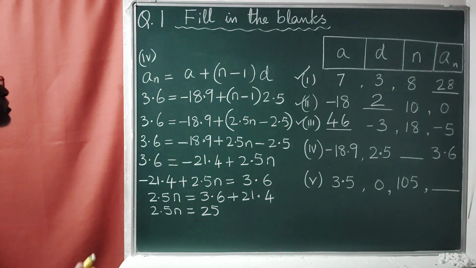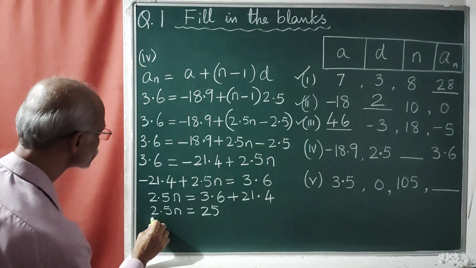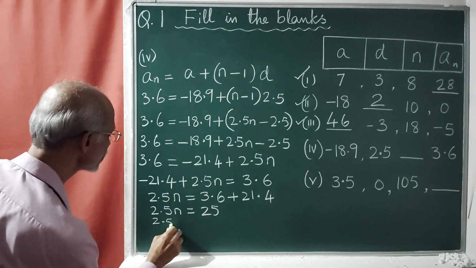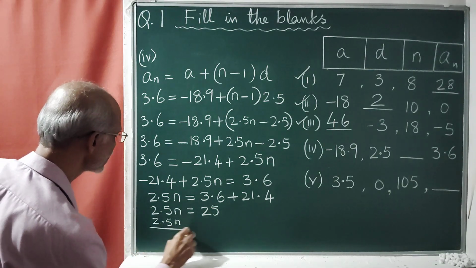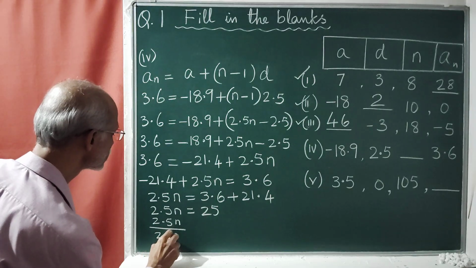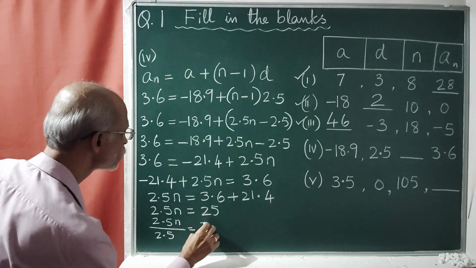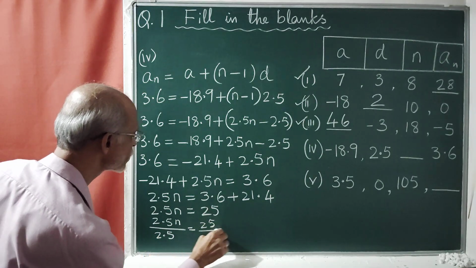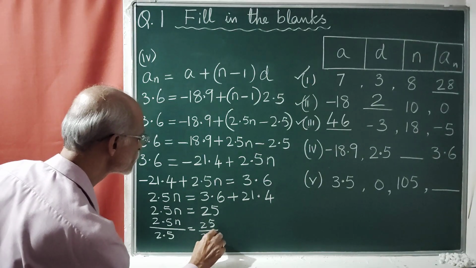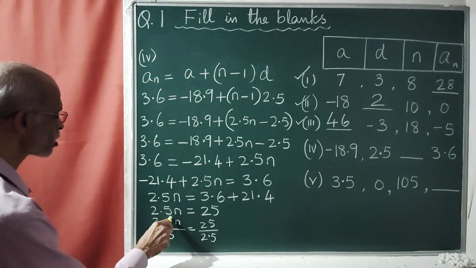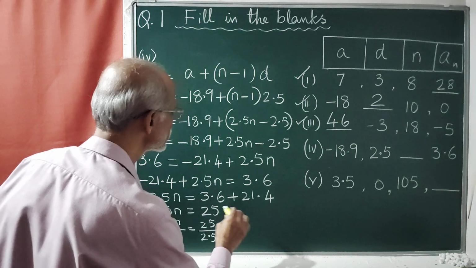I will divide both sides with 2.5. So 2.5N by 2.5 is equal to 25 by 2.5. This got cut here. So what we get?